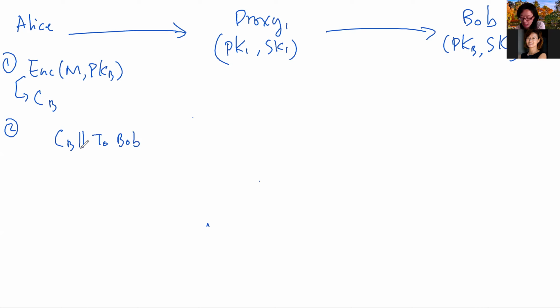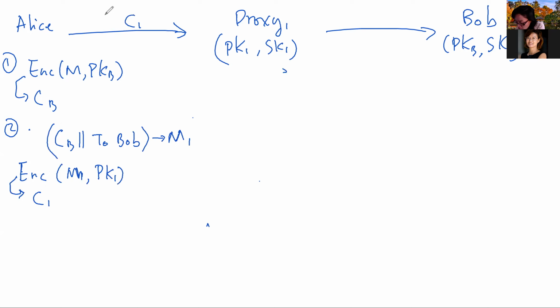This is a concatenation, and let's call it the message for proxy 1, M1. Alice would then encrypt M1 with proxy 1's public key. This gives the ciphertext for proxy 1, and of course this is sent to proxy 1.